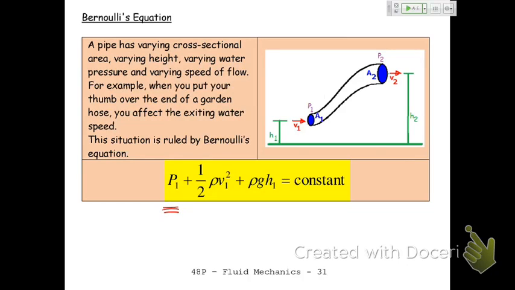Well, no, it's half rho v squared, v's velocity. And this reminds me a bit of potential energy, mgh, no, rho gh. So it's very reminiscent, and I remember it that way. It's to do with pipes which have different input velocity, different output velocity, different areas, different pressures, different heights. So it's a much more detailed equation.